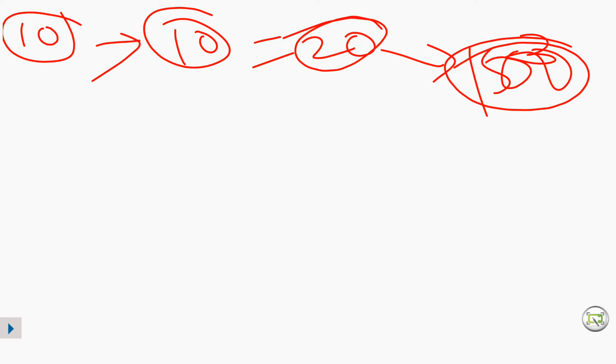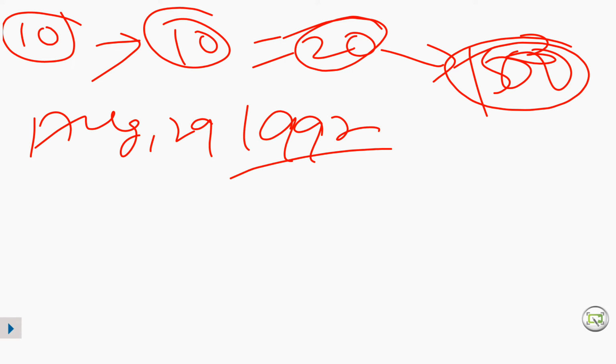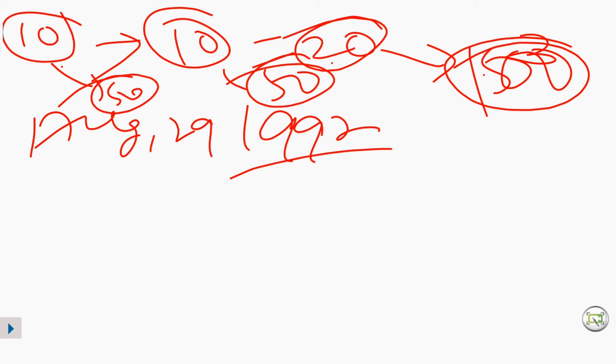This was done by an act of Parliament which was passed on August 29, 1997. It changed the requirement from 20 to 100, from 10 proposers to 50 proposers, and 10 seconders to 50 seconders. And the ordinance also raised the security deposit.